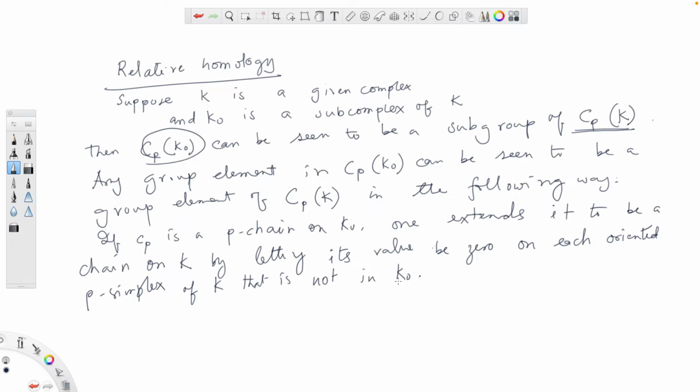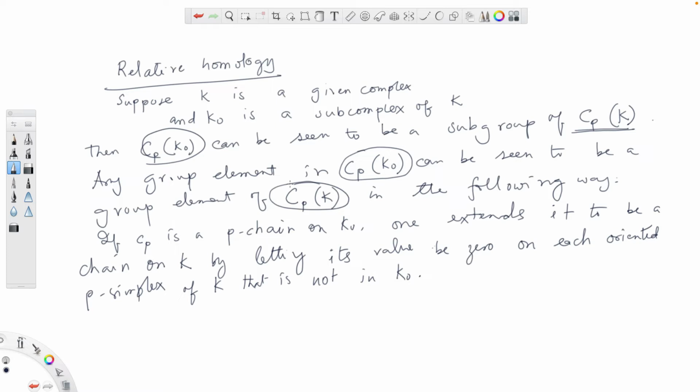This way one sees that an element of this group can always be seen to be an element here, which shows that Cp of K0 is a subgroup of Cp of K.